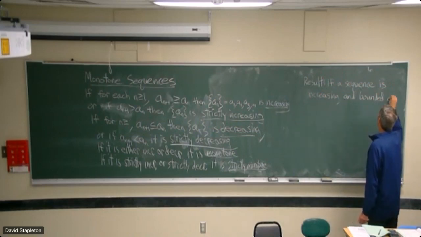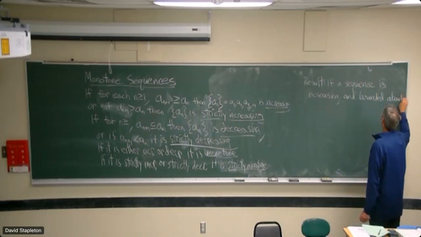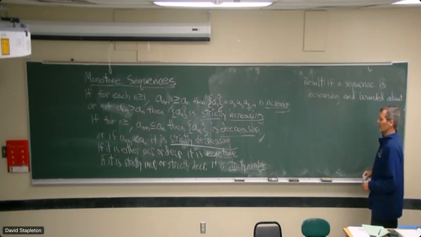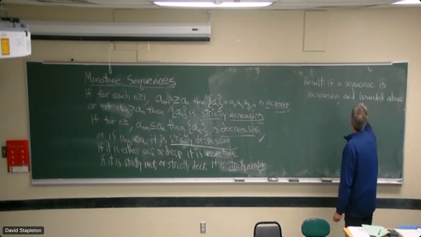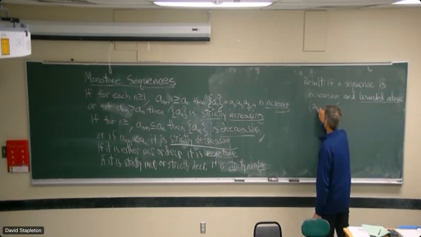It means that there's some number that it never gets bigger than. So bounded above means each a_n is less than or equal to some number M.